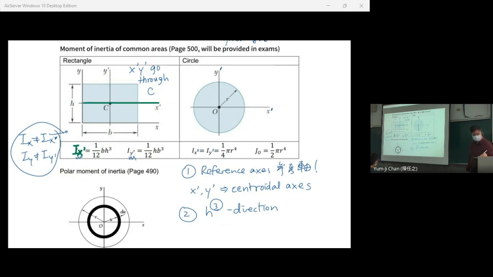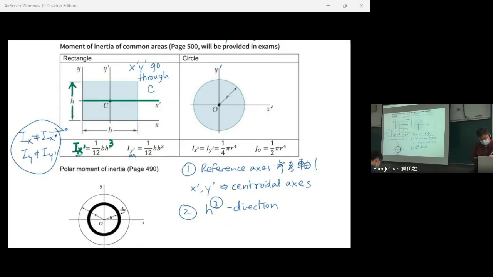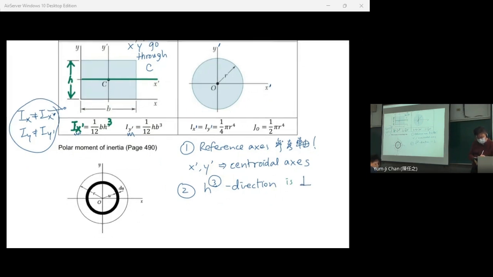And the direction of this h cube, where h is the height of the rectangle, is perpendicular to the reference axis.